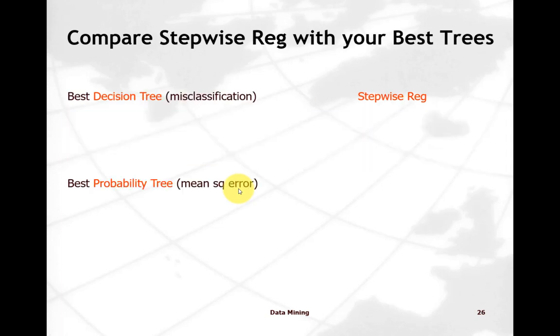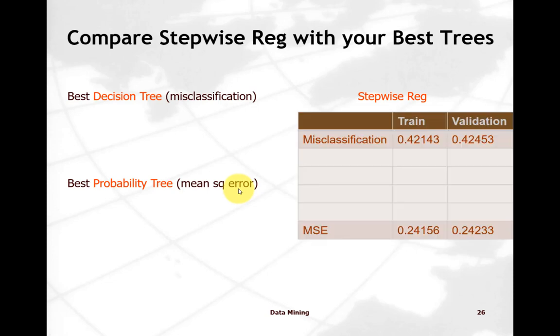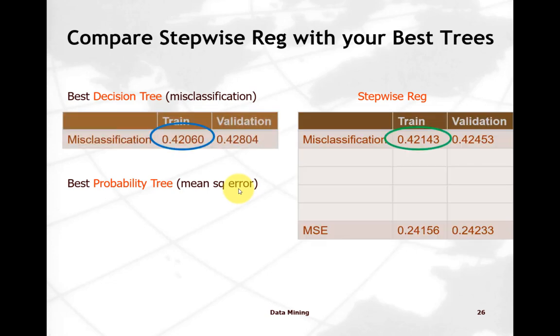And if we compare the stepwise with the decision probability tree, stepwise outperforms the decision tree. So the mechanism of regression is good, but it just requires you to know more and be careful about training.